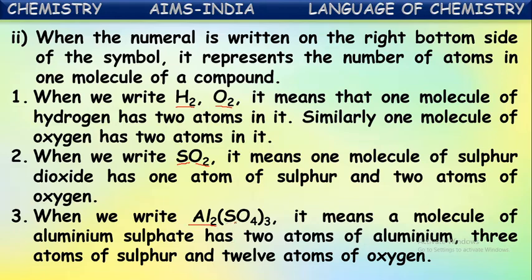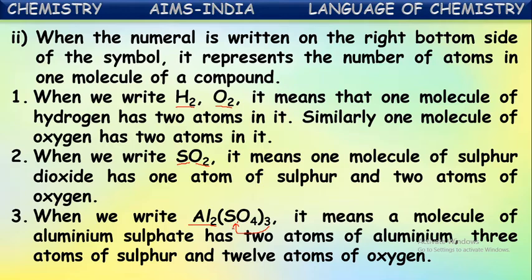In this SO4 there is one sulfur atom, and it is multiplied by 3, so 3 sulfur atoms. For the O4 also this 3 is multiplied, so in total it becomes 12 atoms of oxygen. So one molecule of Al2(SO4)3 represents 2 aluminium atoms, 3 sulfur atoms and 12 oxygen atoms.